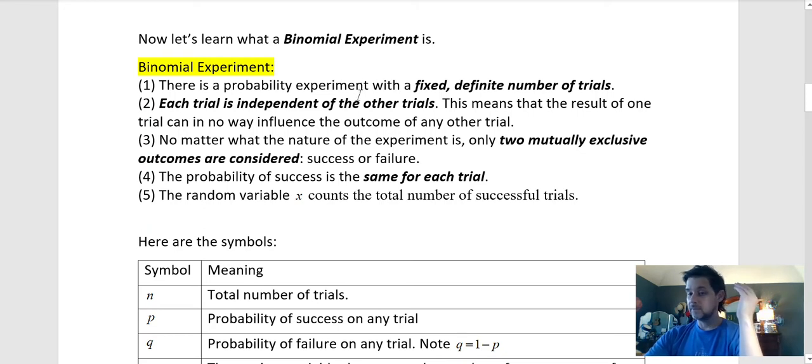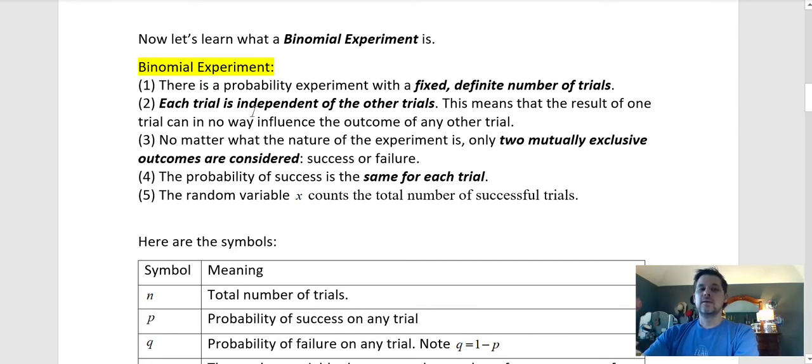Some situation where you do something and you don't know what's going to happen. There has to be a fixed and definite number of trials. It can't be open-ended, in other words. So I have to say, like, well, we're going to do something 20 times and we're going to watch what happens each time, right? It's got to be definite, can't be open-ended.